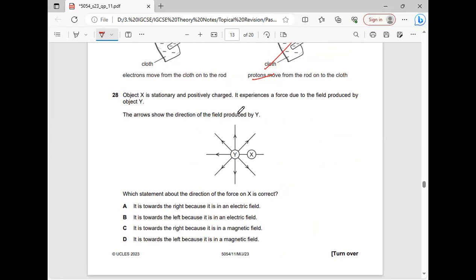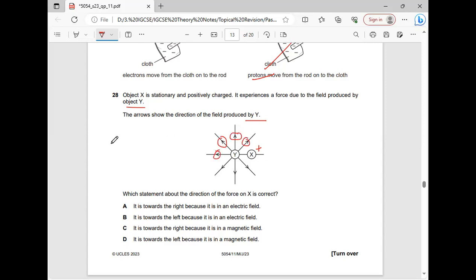Number 28. This is related to charges again. Object X is stationary and is positively charged. So let me place the charge over here. It experiences a force due to the field produced by object Y. The arrow shows the direction of the field produced by Y. Now we don't know whether Y is positive or negative, but they have given the direction of the electric field.